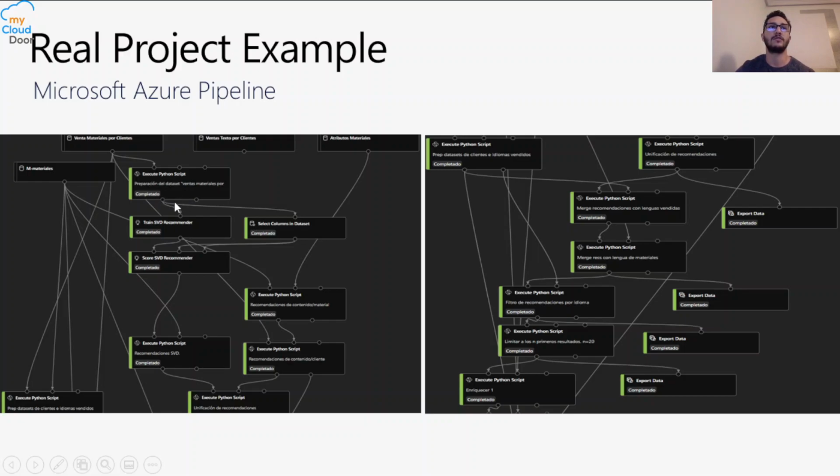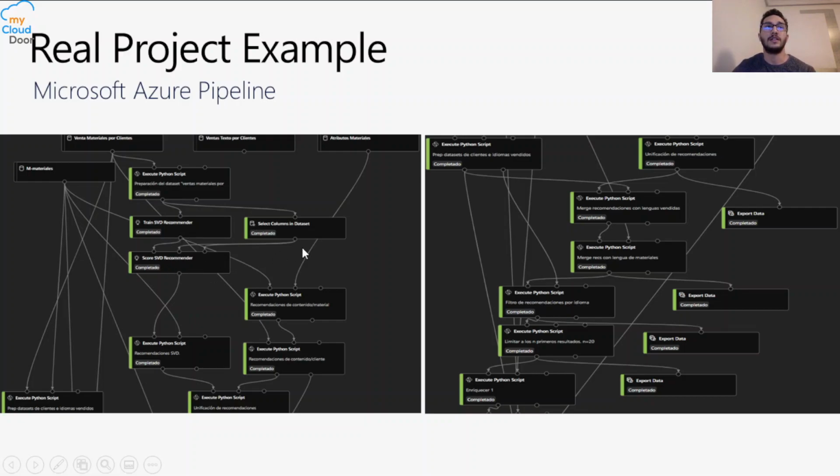And then from this block we move to two parts, the right one and the left one. On the left one we have a collaborative filtering system, which is provided and supported by the designer of the Azure Machine Learning portal itself. So it provided us with a built-in model of collaborative filtering.